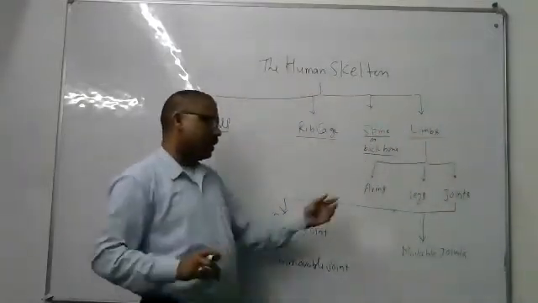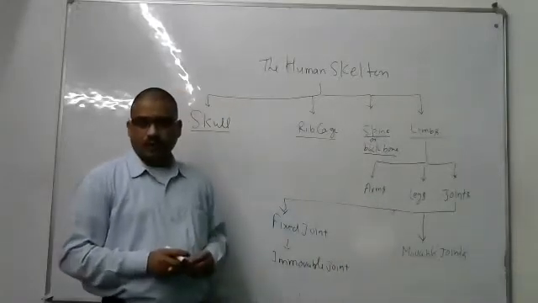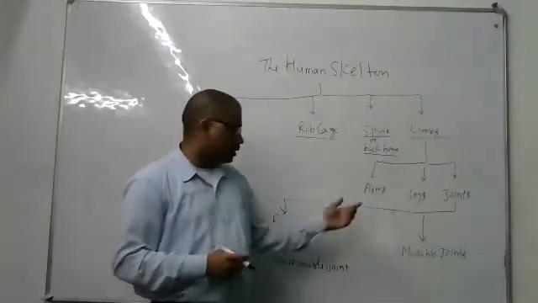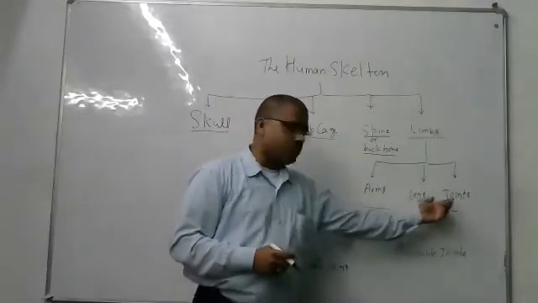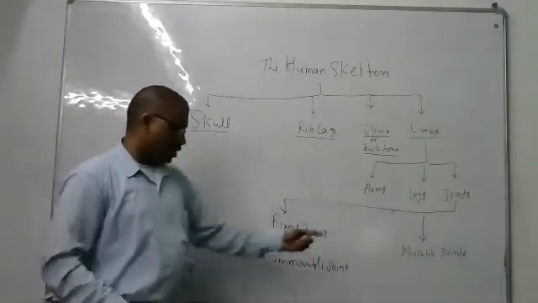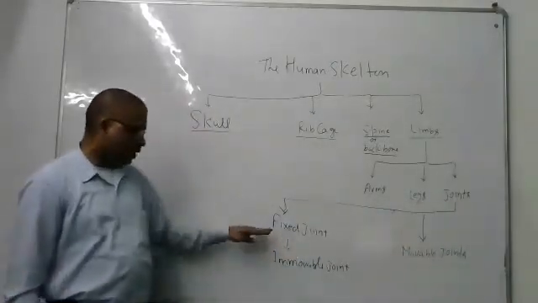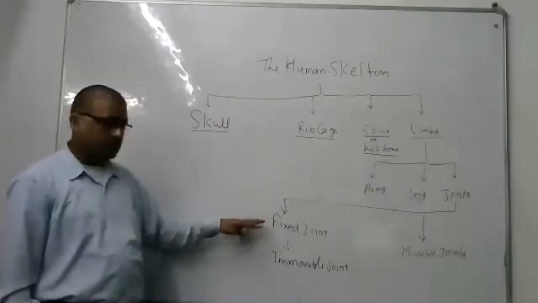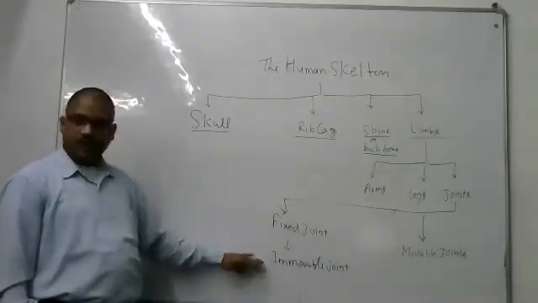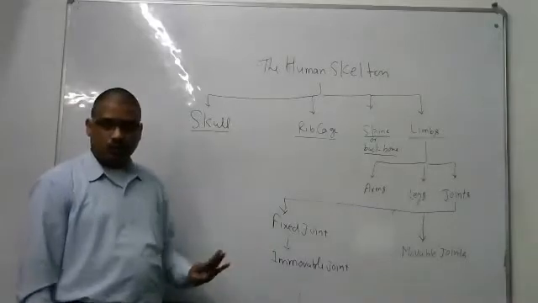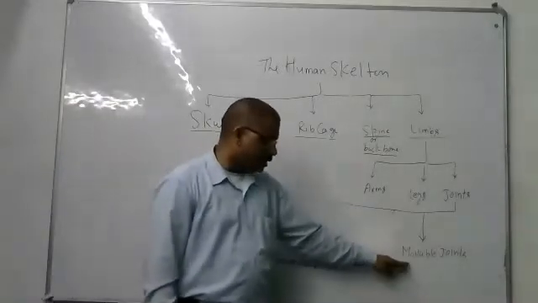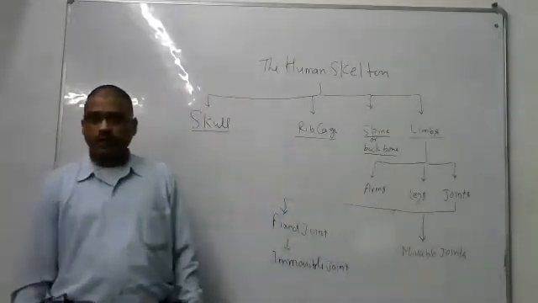Limbs are again divided into arms, legs, and joints. These joints may be fixed joints, which are immovable and cannot move, and another joint that is called the movable joints.